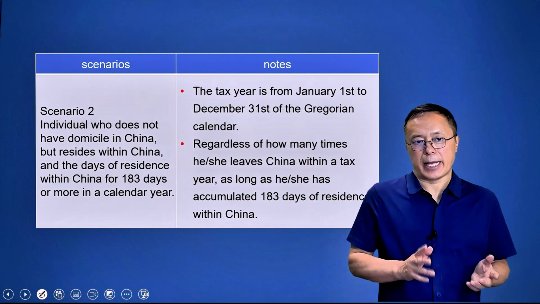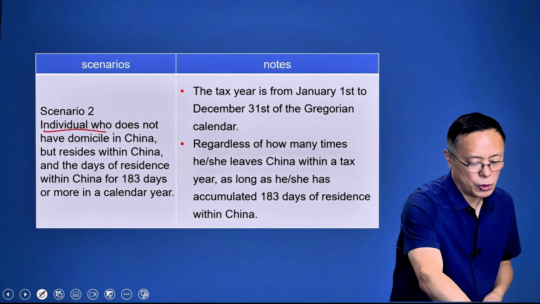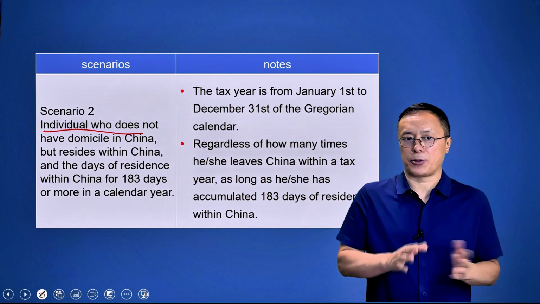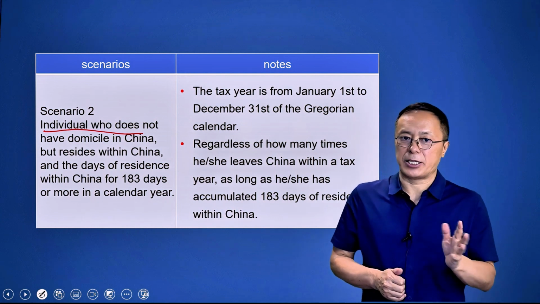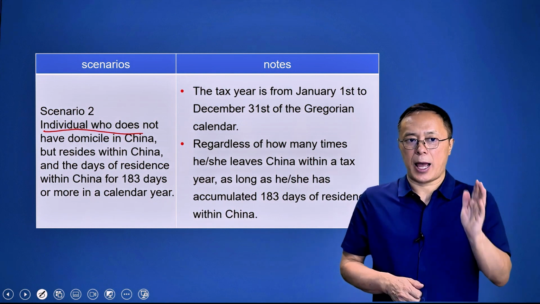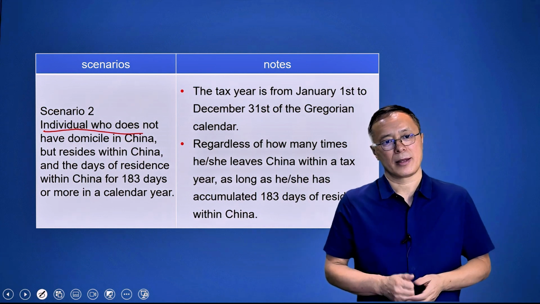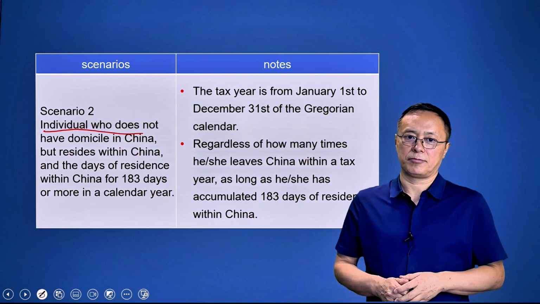Well, let's look at scenario 2. Scenario 2 means an individual who does not have domicile in China but resides within China, and the days of residence within China are 183 days or more in a calendar year. Then he or she is a tax resident.